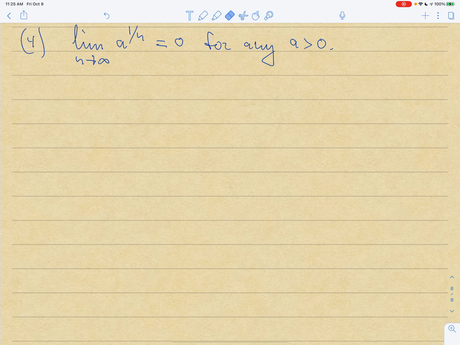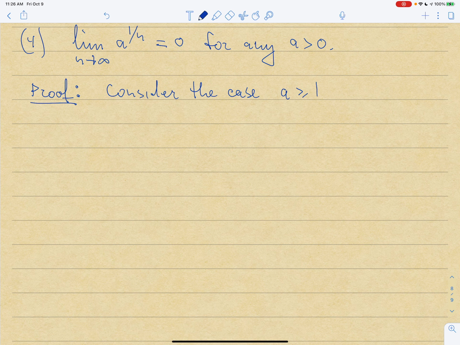All right, let's prove this. Proof. Let's consider the case a is greater than or equal to 1 first.